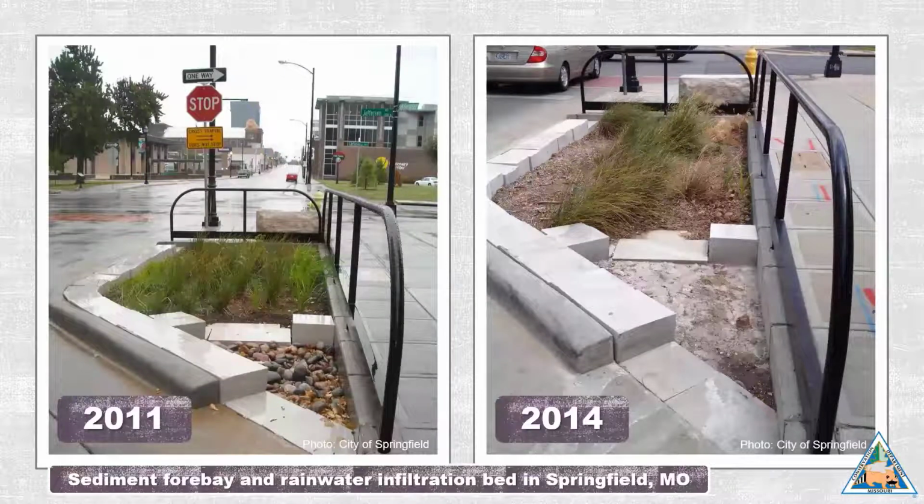But as you can see in the picture on the right, you can only appreciate the ornamental rock if you can still see the ornamental rock. So 3 years after this bed was constructed, the ongoing maintenance was not being performed. The sediment wasn't being removed from the forebay. So the result was that it was draining on into the planted area of the infiltration bed.